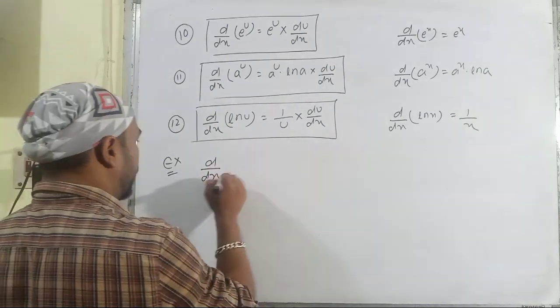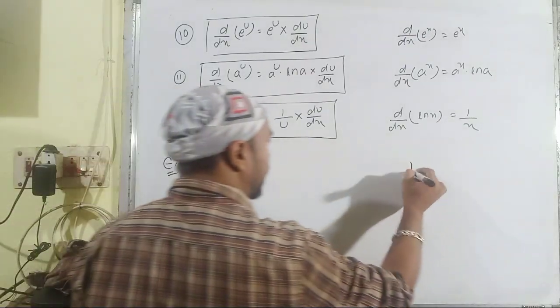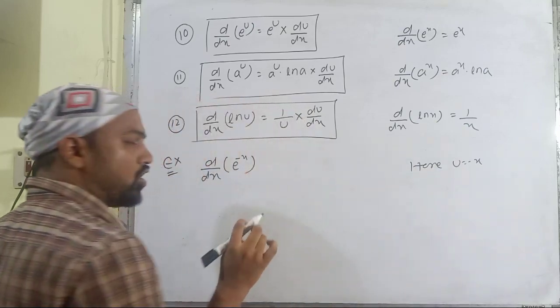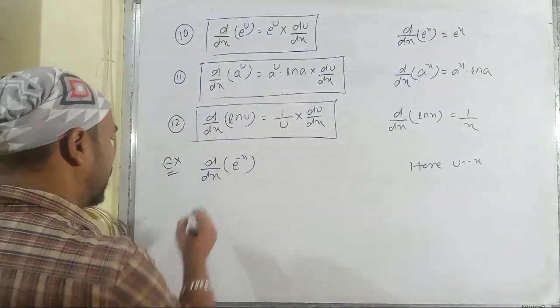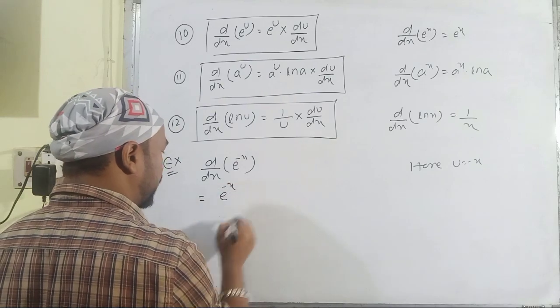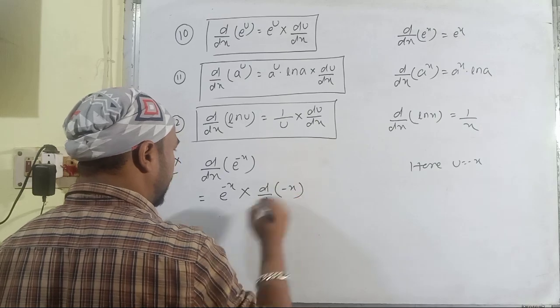Differentiation of e to the power minus x. Here u is equal to minus x. It is not x, it is minus x. So according to this formula, it will be e to the power minus x multiplied with the differentiation of minus x.